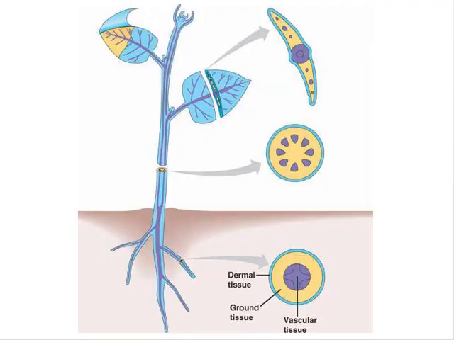In this diagram, it shows us the relationship of the dermal, ground, and vascular tissue, and we can see that all three of these run through the plant in slightly different ways. We don't have to memorize those patterns at this point, but it is important just to know that dermal, ground, and vascular tissue are found in discrete areas.